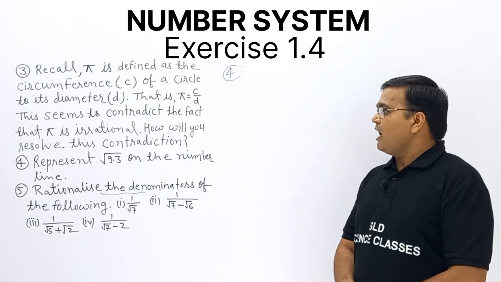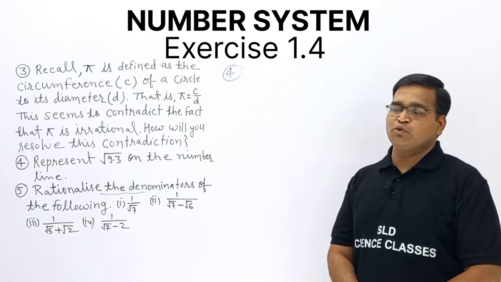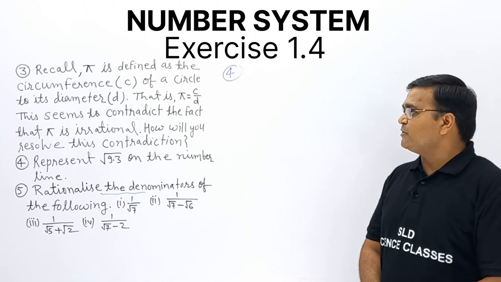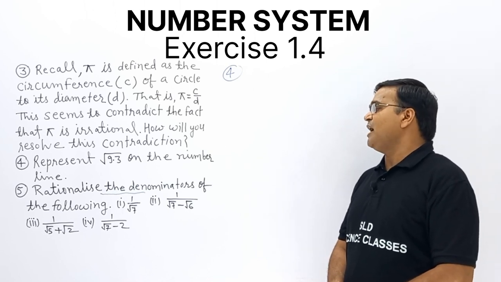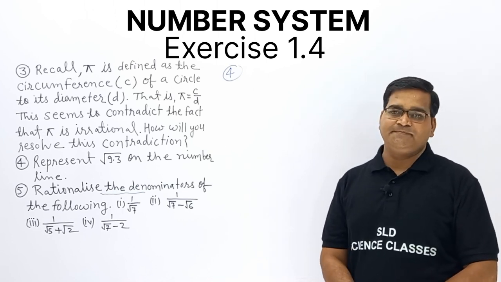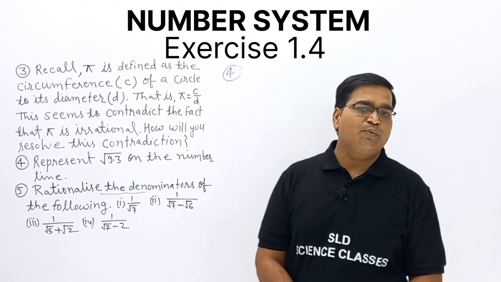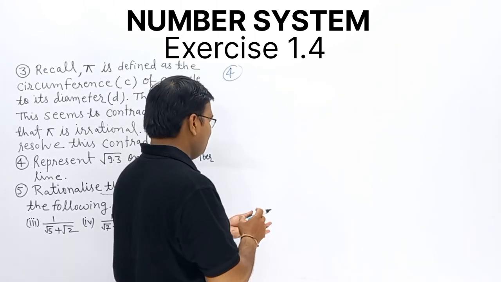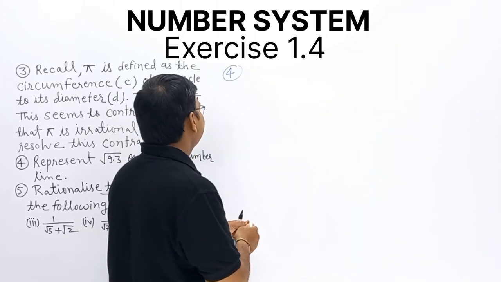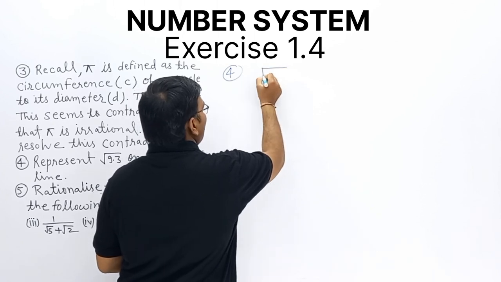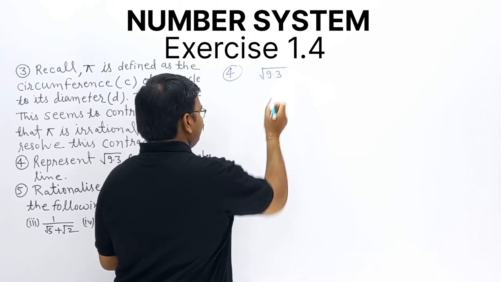Now I am taking question number 4. What is the question? Represent root of 9.3 on the number line. So I am writing root of 9.3 here.